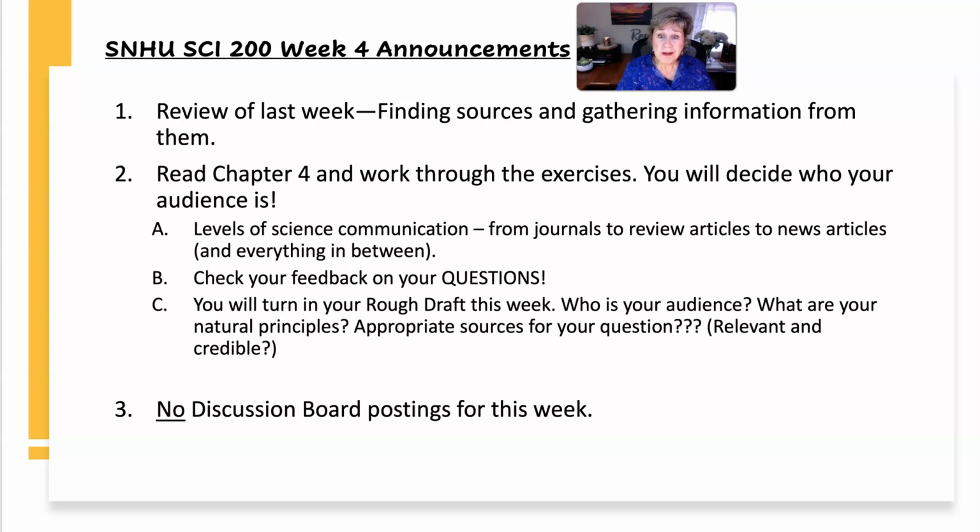Plus, they give you lots of good references because this is a complete literature review. And then you move down the line to news articles, to blogs, to just general information that might be found on social media, that sort of thing. So you have to decide your level of scientific communication when you are going to present to an audience.